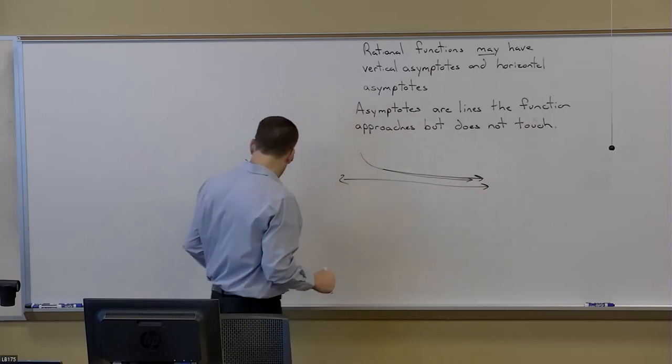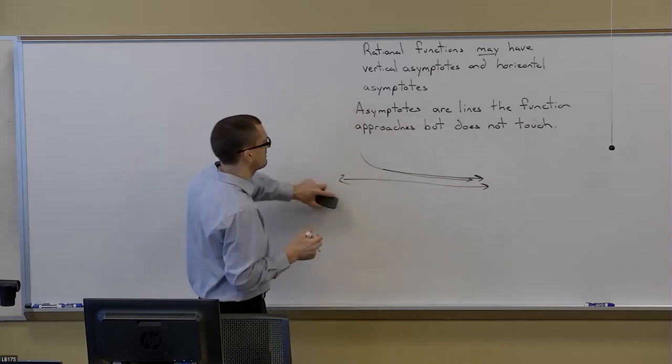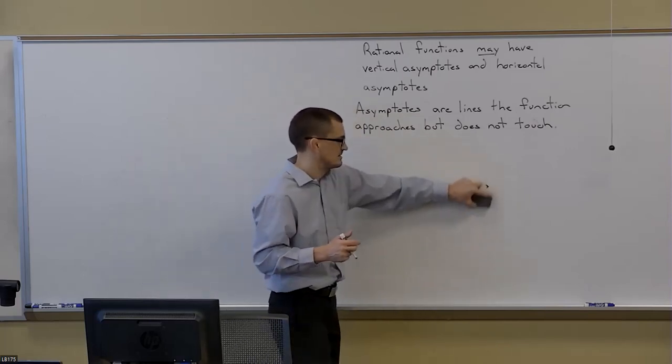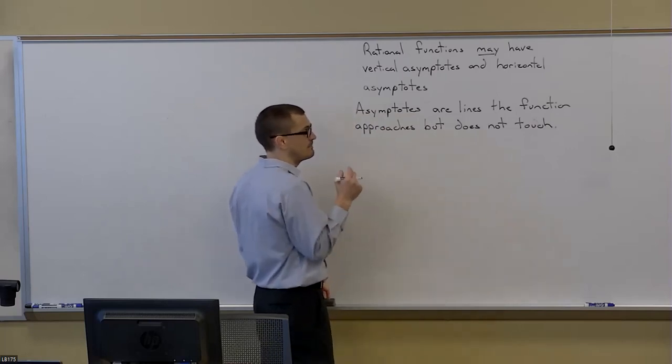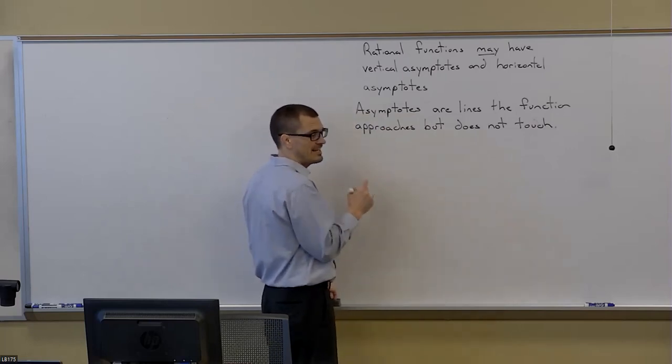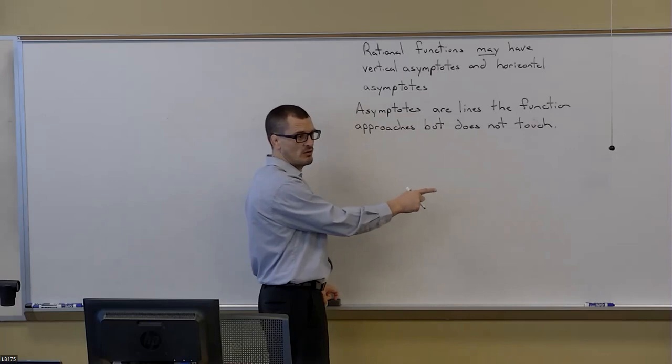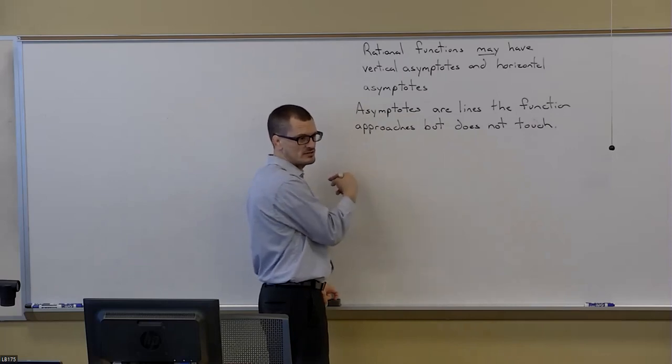So a horizontal asymptote is a behavior of a function as x goes to infinity, or on the left-hand side as x goes to negative infinity.